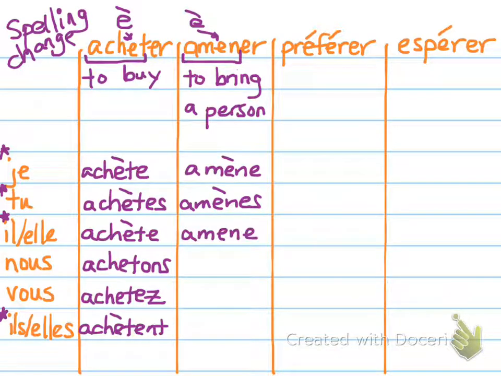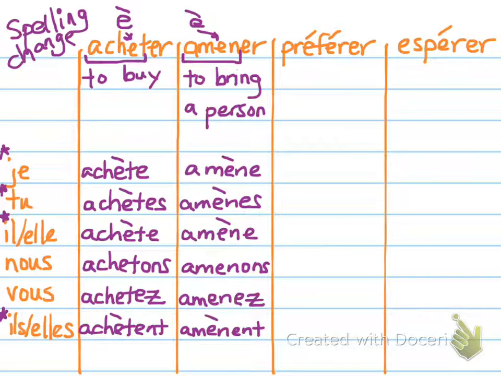We add an E and the accent. No accent and an ONS ending. No accent and an EZ ending. And the accent with the ENT ending. For préférer and espérer, again, it's that same accent.